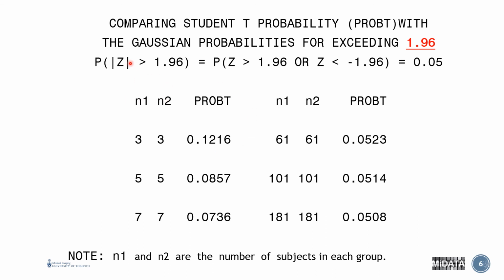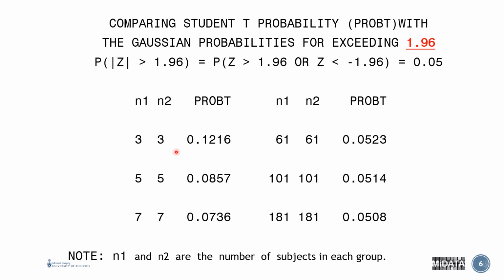So what we're doing here is we're taking both tails, putting them together using the 1.96 cut point from the Z ratio, but applying it to sample sizes that are very small.